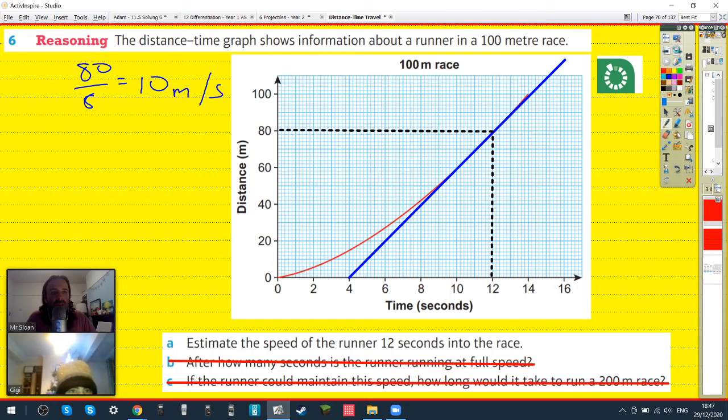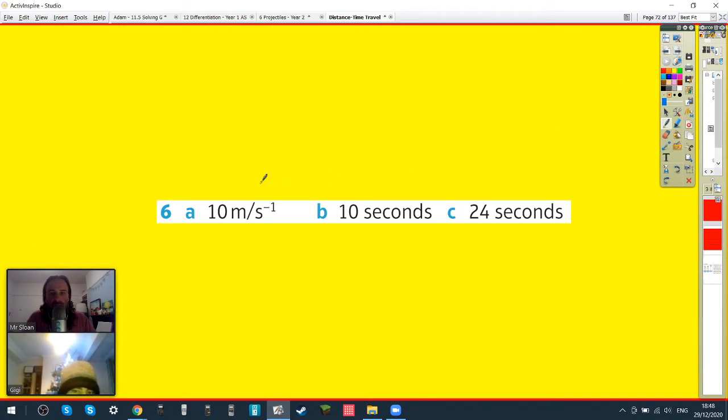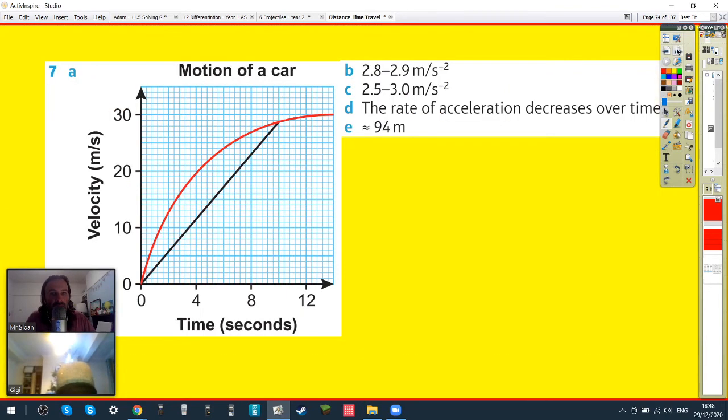So speed was 10 meters per second. Right? Great. Oh, I need to delete that tangent. But I think you're good. I think you got it all right.